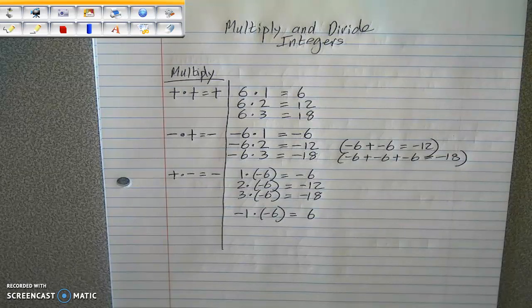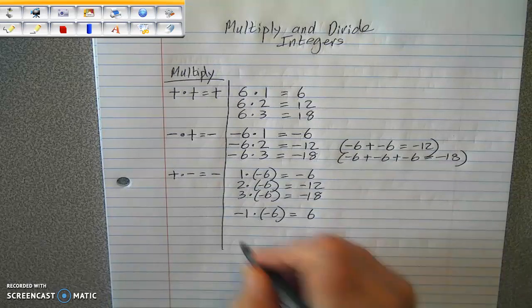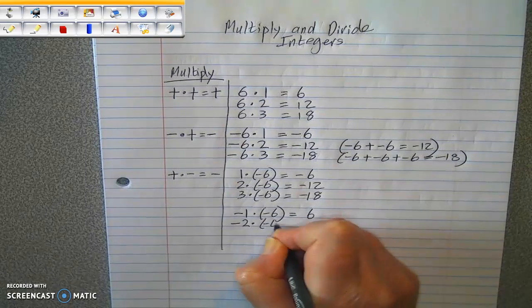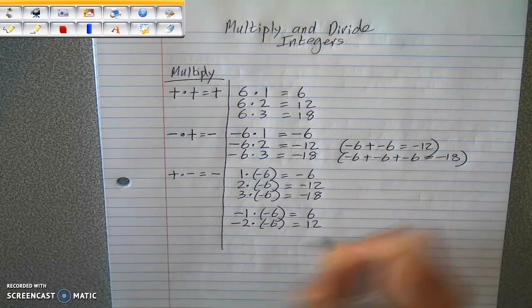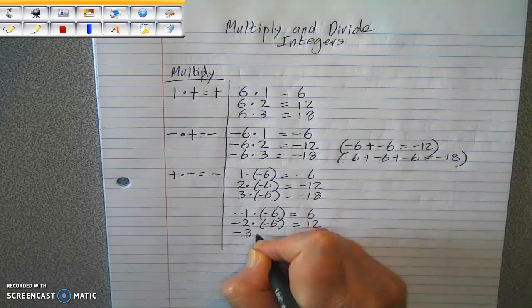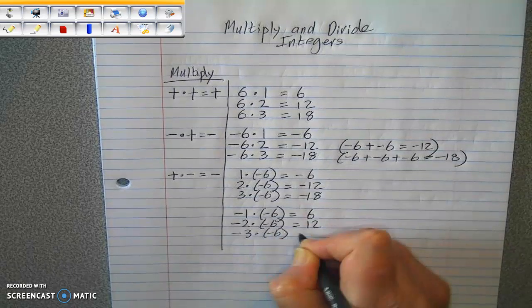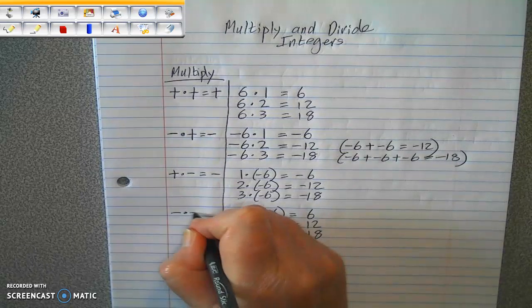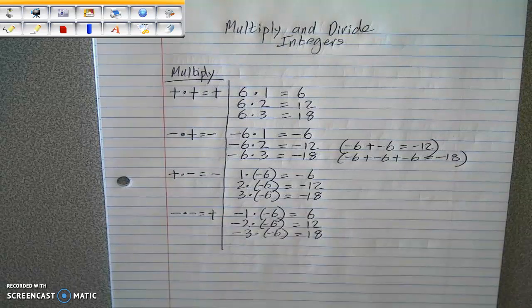I don't have no bananas. I must have bananas. So a negative times a negative is a positive. It's like a double negative when you're writing in ELA. So -2 times -6 is going to be +12, and -3 times -6 is going to be 18. So a negative times a negative is positive.